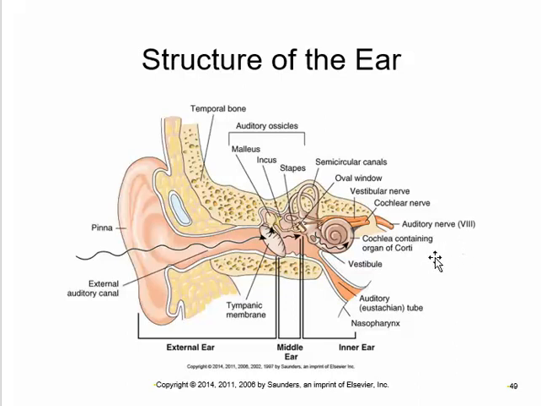So the eustachian tube's job is to make sure that the air pressure on either side of the tympanic membrane is equalized. It is open to the nasopharynx, usually at atmospheric pressure, and the external auditory canal, the meatus, is the same pressure, atmospheric pressure.